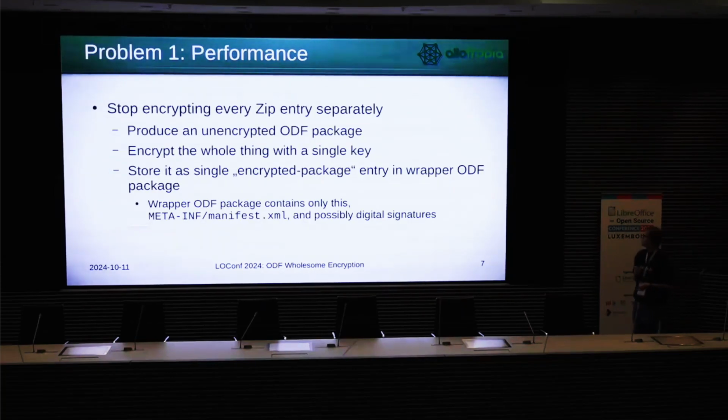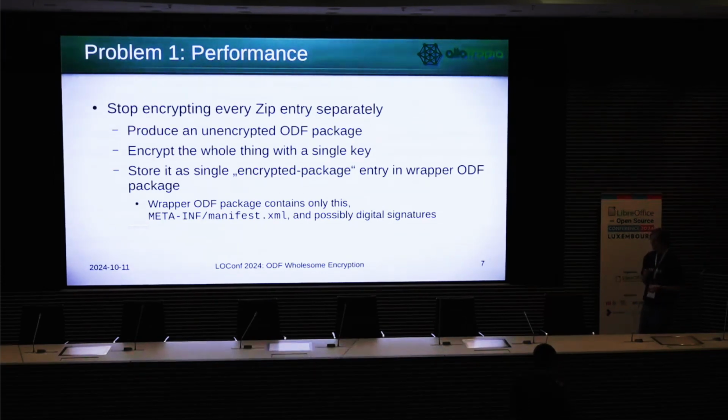Okay, so then what did we come up with as a solution to the problems? So first, for the performance problem, obviously it's just a dumb idea to encrypt every entry in the zip file separately. What we should do instead is we produce an unencrypted ODF package that's just like a normal one. Then we encrypt the whole thing with a single key.